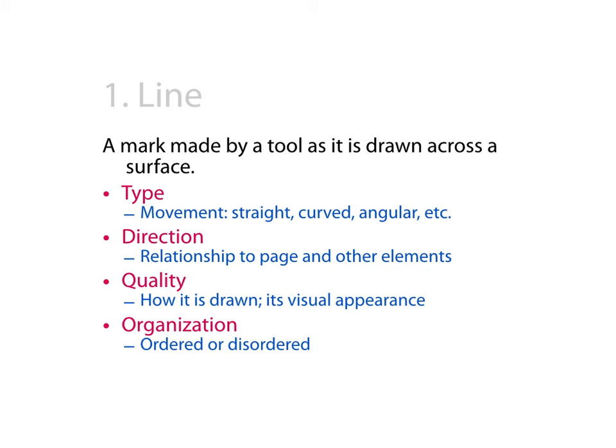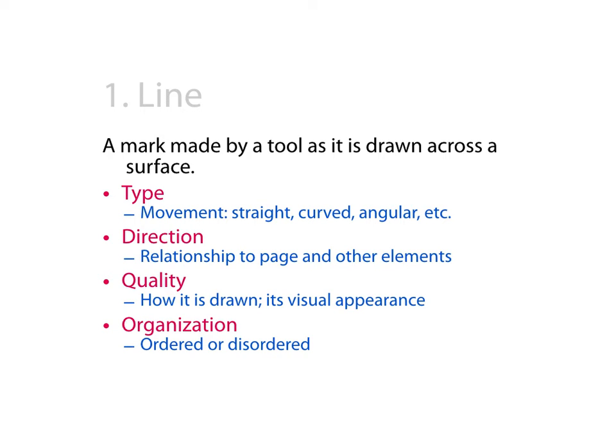Does it zigzag? What is its relative speed? Is it fast or slow? There are all different ways we can kind of characterize this movement of a line. What's its direction? How is it moving across the page or in relationship to other lines or other objects that might be on our surface?